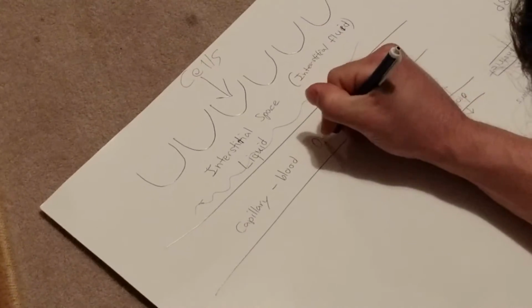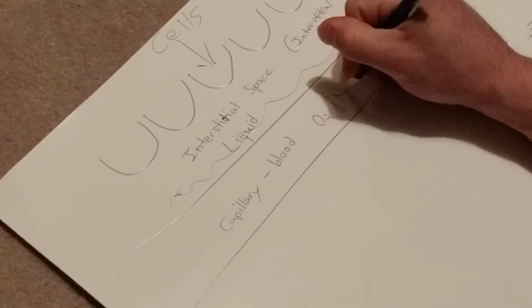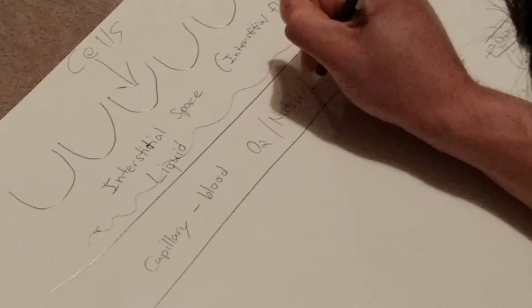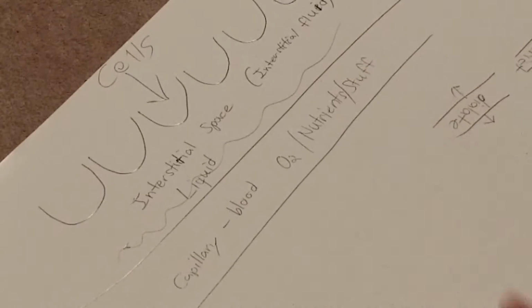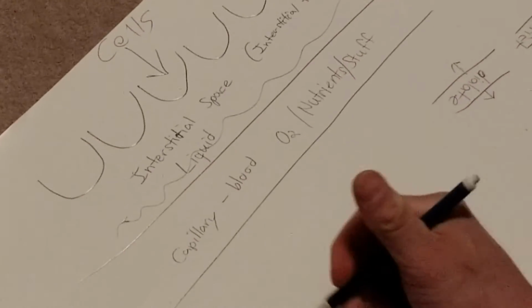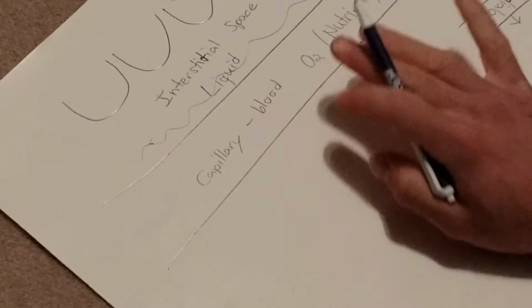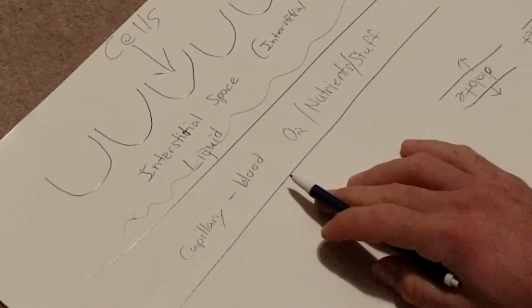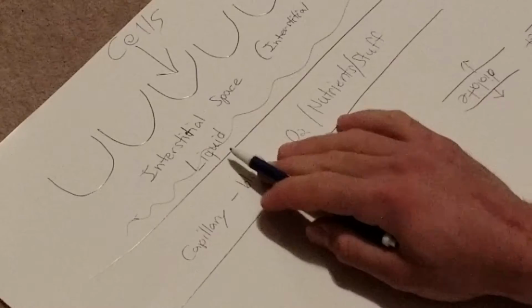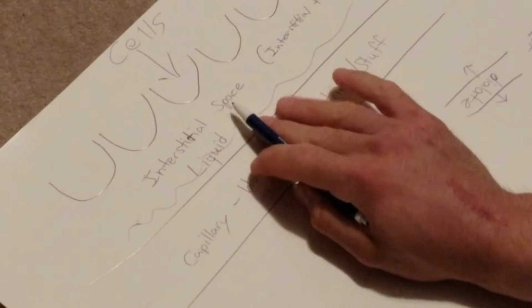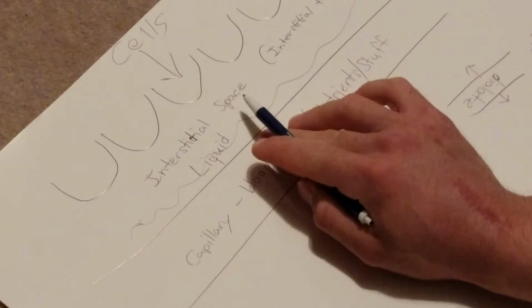So let's say O2, nutrients, and other stuff. And so we have blood pressure, and then we have osmotic pressure. The blood pressure is going to push these things through the capillaries and into the interstitial space.